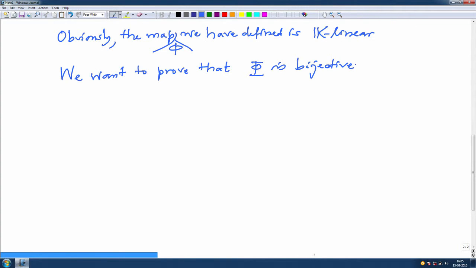That means, given any tuple of blocks, it will come from a polynomial.